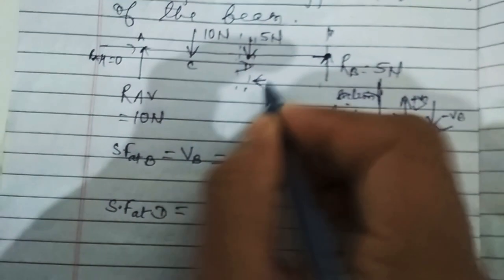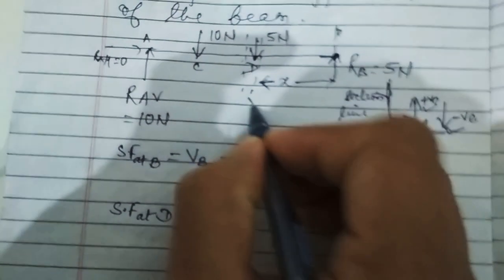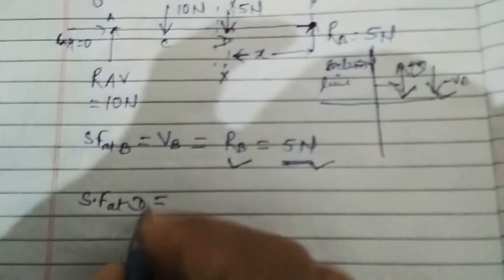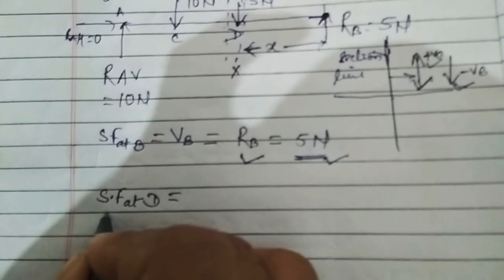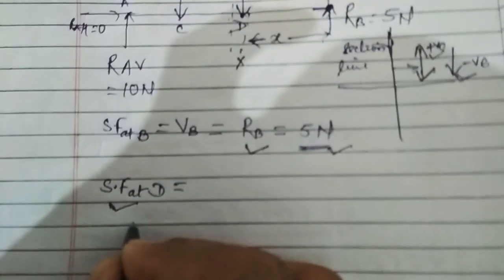So we are considering a section line xx at a distance of x from B. For finding the shear force at point D, we have to consider 2 points.